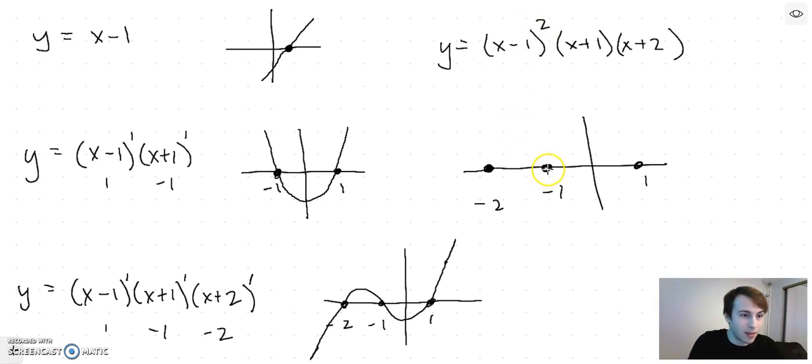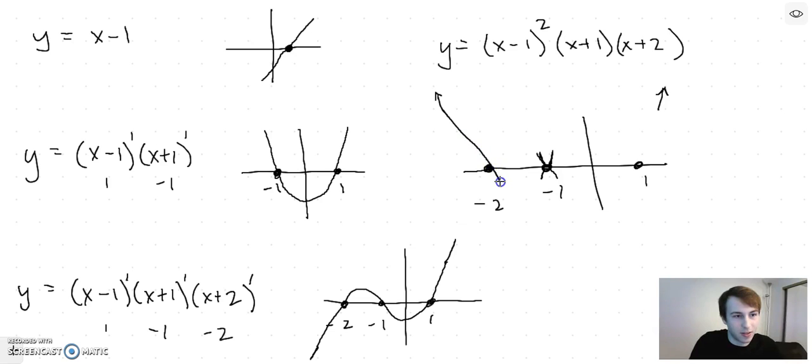So this negative 1 right here is going to either look like this or like this. And we can actually determine that just because we know the end behavior has to be going up this way and up this way. So let's try tracing it out.